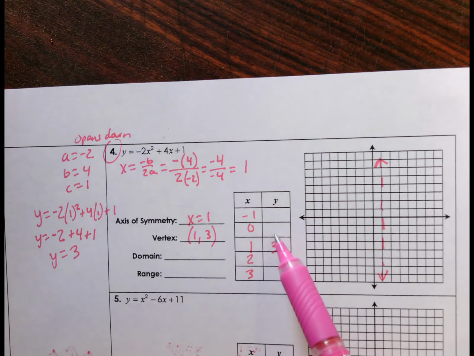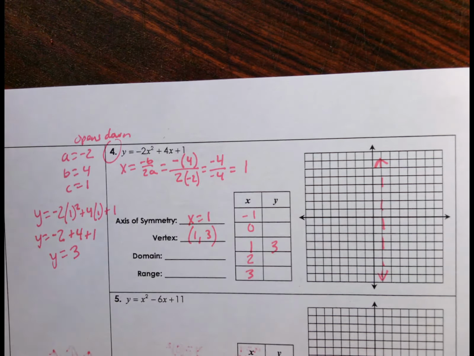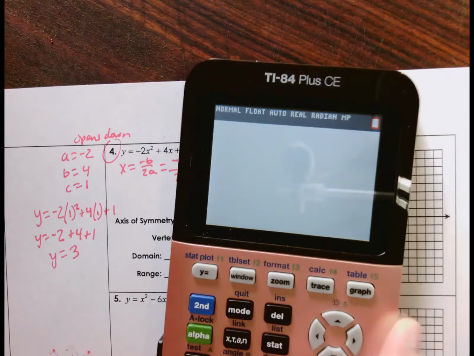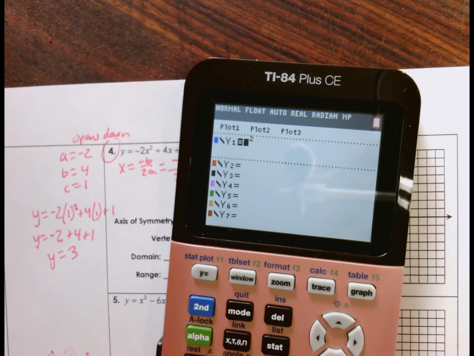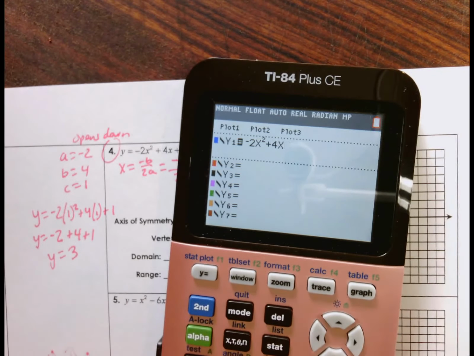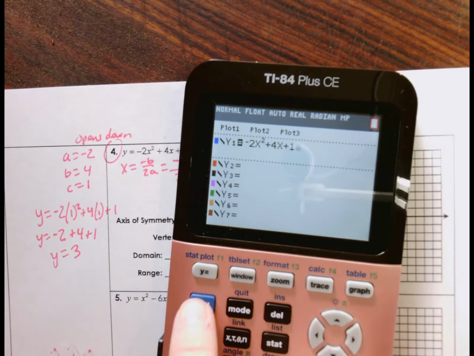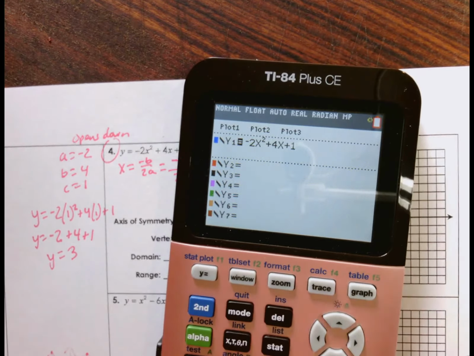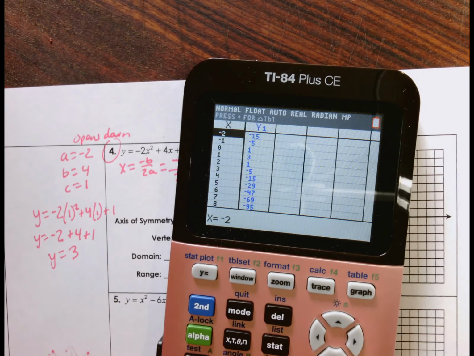But I can also use my calculator, which is a little bit easier and faster. So I'm going to do y equals, type in negative 2x squared plus 4x plus 1, and do the second graph function, which will give me the table.